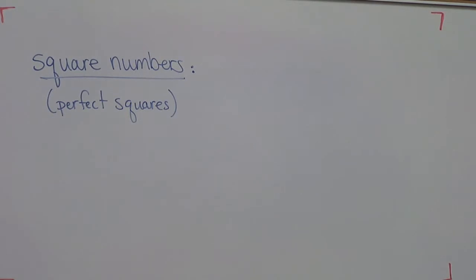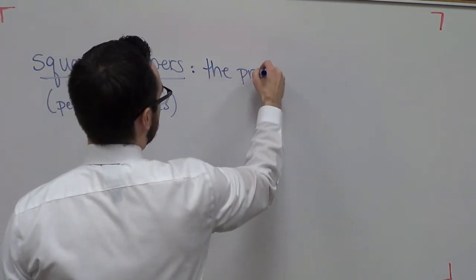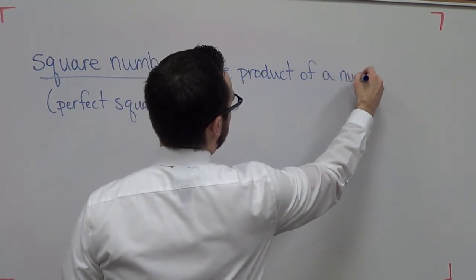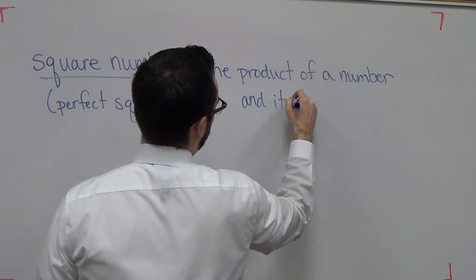Perfect squares are the product of a number and itself.